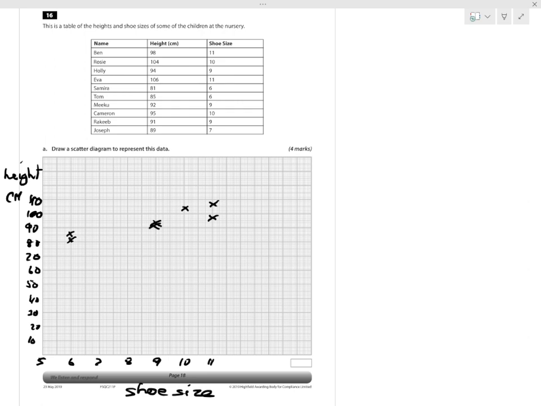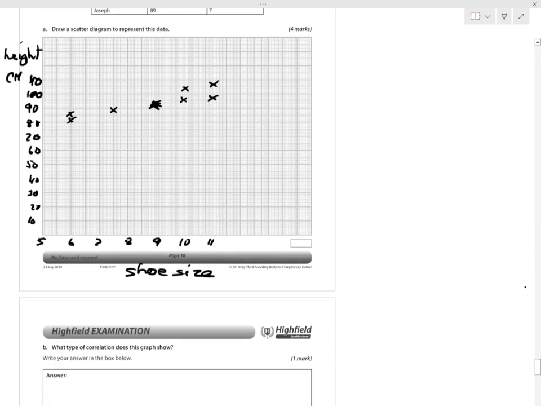A bit close together, that one there. 10 is 95. 9 is 91. Why so many in the same place? And 7 is 89. Okay, there's a scatter diagram.